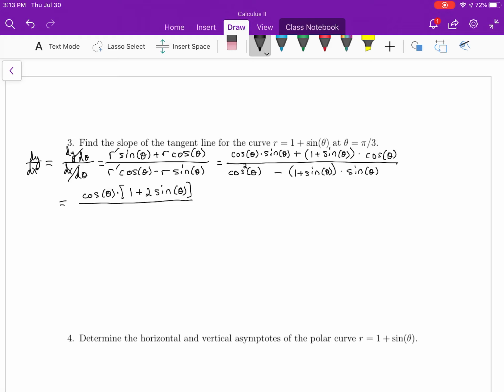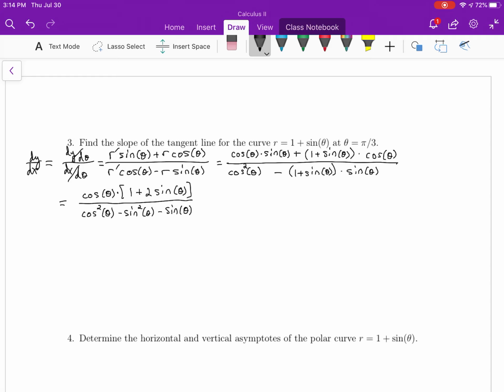On bottom, we have a cosine squared minus sine of theta minus sine squared of theta. So that's going to be cosine squared theta minus sine squared of theta minus a sine of theta. And that's what we have in the denominator.